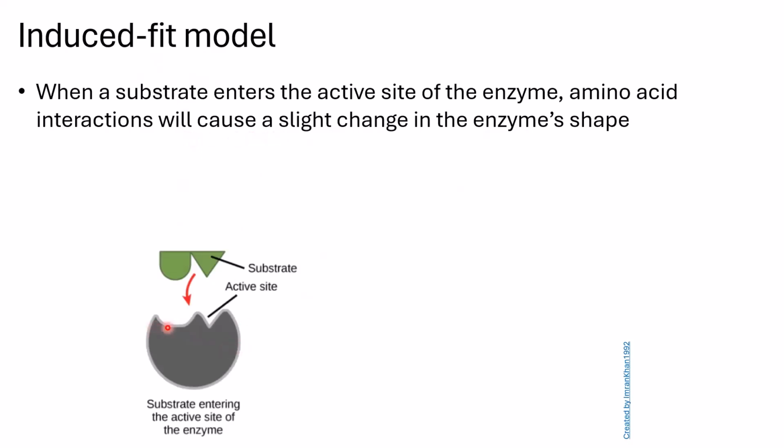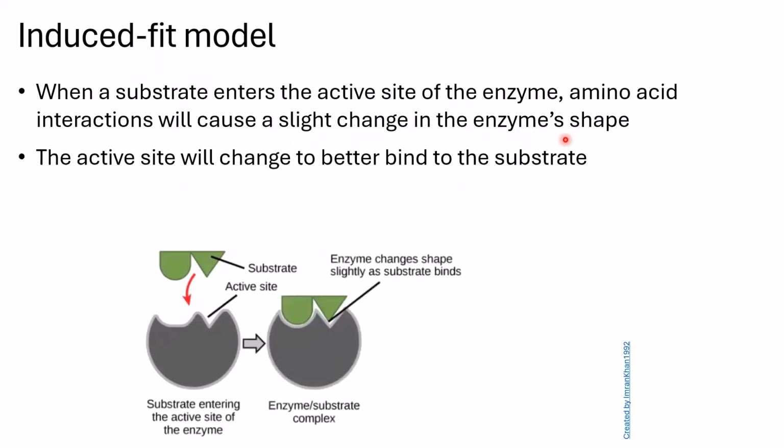Here is an enzyme that is not yet interacting with its substrate. Its active site is not quite the correct shape for the substrate. When a substrate approaches the active site of an enzyme, it is actually the interaction between the substrate and the amino acids on the enzyme that makes the active site a perfect fit, as seen here when the enzyme-substrate complex forms. The enzyme then catalyzes the chemical reaction, converting the substrate into a product.